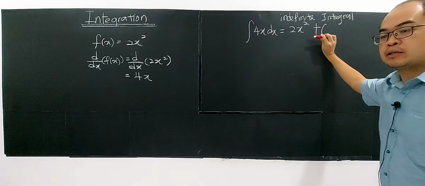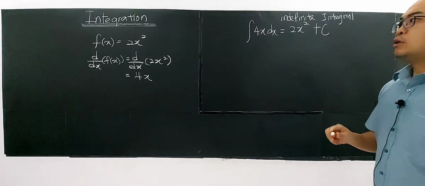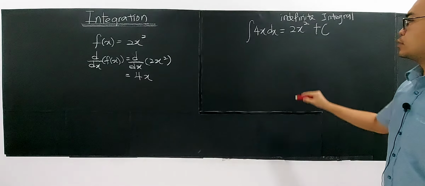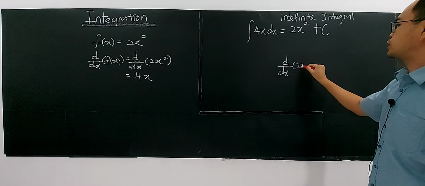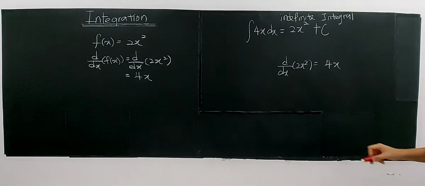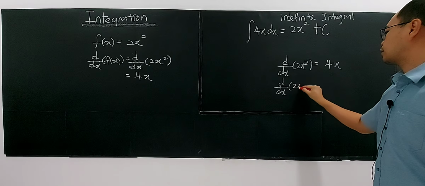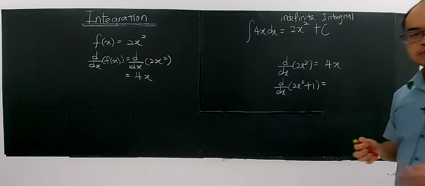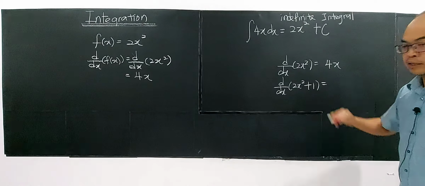Do you really go and read your textbook and some reference books? They tell you why there is a plus C. Let's look at the reason with several examples. I know that differentiating 2x squared gives 4x. What happens when I differentiate 2x squared plus 1? This is different from the previous one because there is a constant, 1.